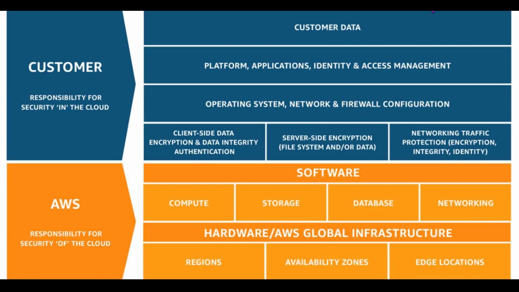So the customer also has to take care of how we need to architect the solution, which ports we should open for our application, from which IP range we need to allow access, and we should take care of the encryption of our operating system, the data and all those things, right? So AWS is responsible for security of the cloud, right? And the customer is responsible for security in the cloud, which is mainly talking about, let me just go to the next slide.